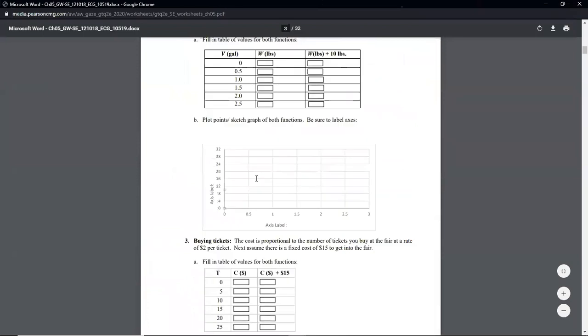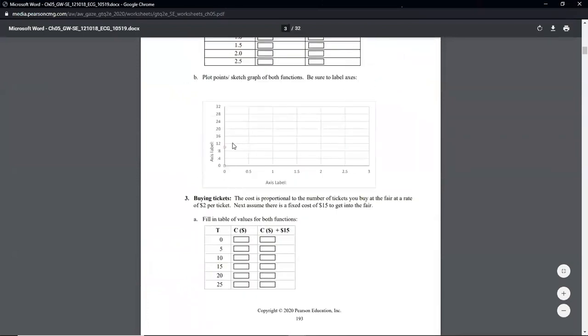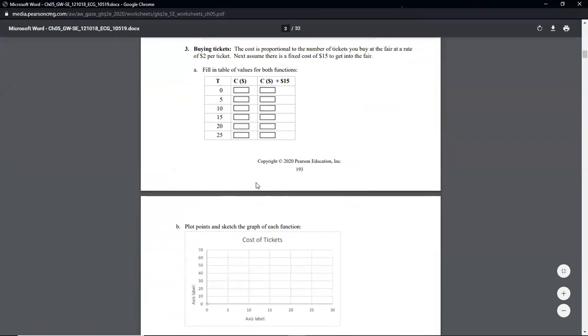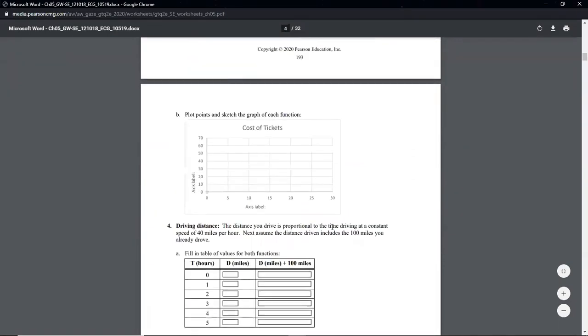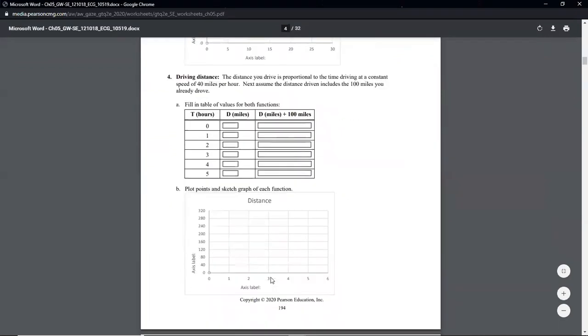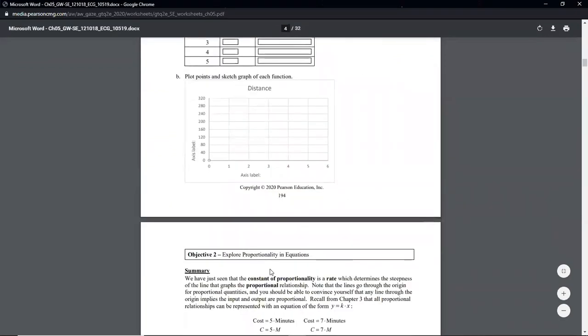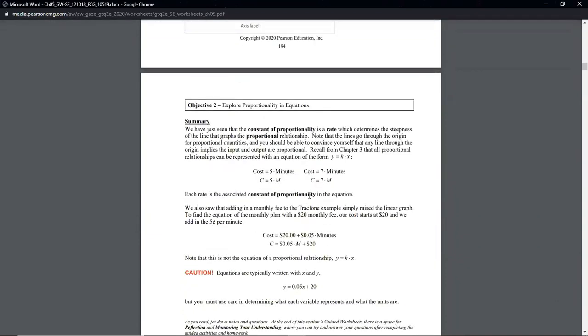We did a graph for the weight of water with the bucket and without the bucket. We did buying tickets at a fair or Busch Gardens where we had the $15 flat fee to get in and then $2 per ticket, so a graph without the flat fee and then with. And then the same thing for a driving distance. If you have not seen that yet, you need to go and watch last class's lecture. So this is what we're getting to now.